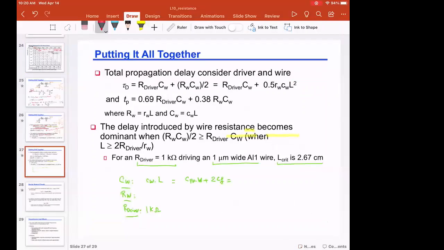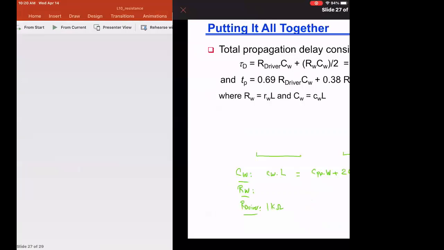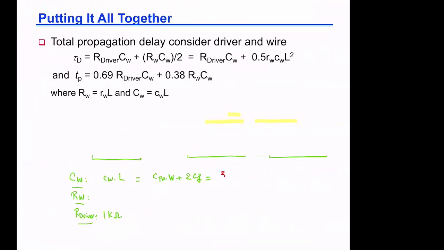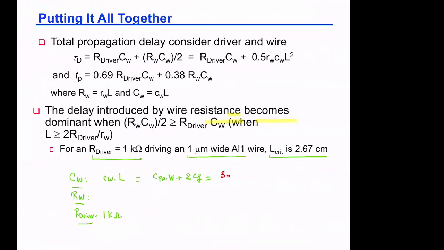So let us populate these quantities here. This is equal to 30 times, let us see what the quantities were, 1 micron. This is femtofarad per micrometer squared, times 1 micron, so I end up with femtofarad per micrometer, plus 2 times 40, which is femtofarad per micrometer.